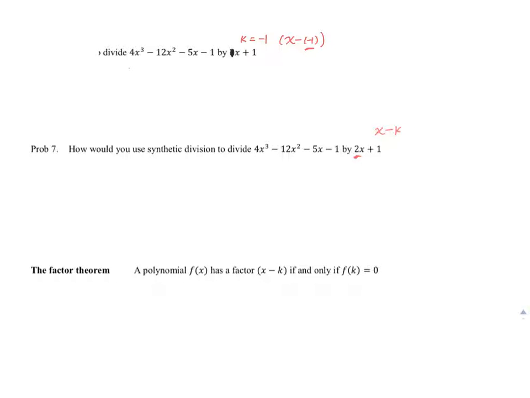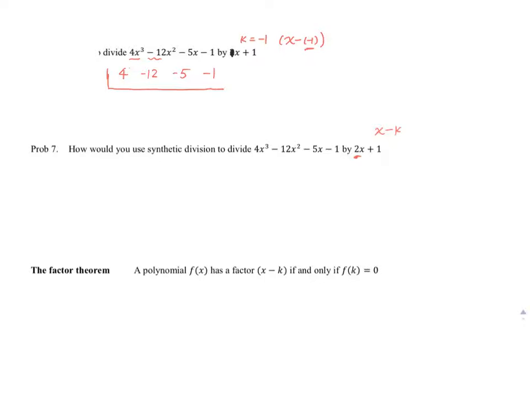Once you identify the k, this is how you set up your synthetic division. You get all the coefficients of your polynomial. In this case it is 4 for x cubed, and then -12, and then -5 and -1.